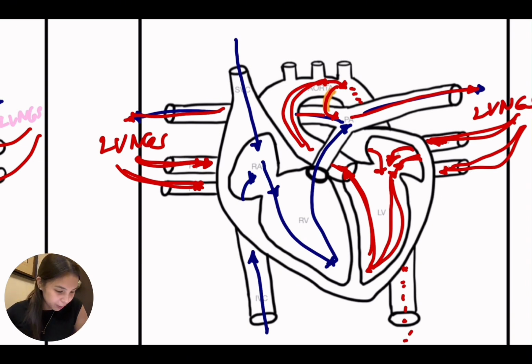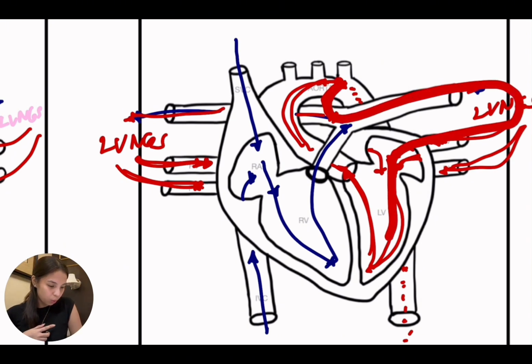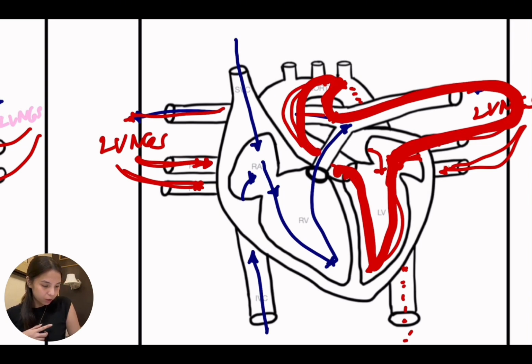But that does not happen because your blood is shunted back through the ductus arteriosus into your pulmonary artery. So this is the cycle that our blood goes through when there is a ductus arteriosus shunt.